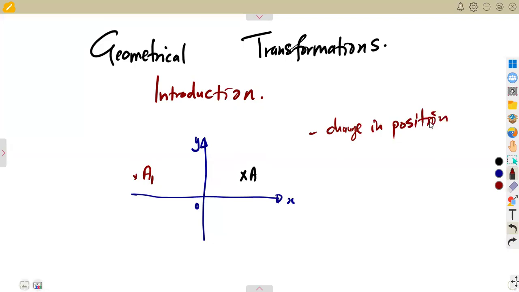So that change that occurred in the position, you need now to describe the transformation which transpired there. What is the transformation? That is to describe the transformation.